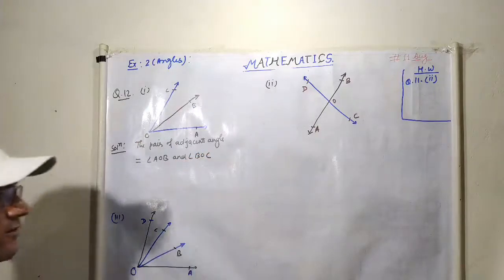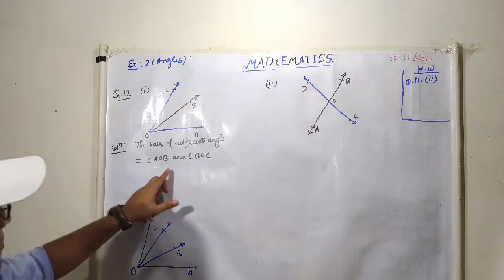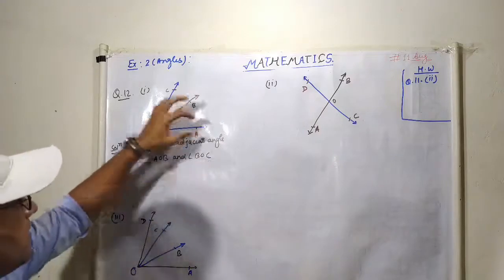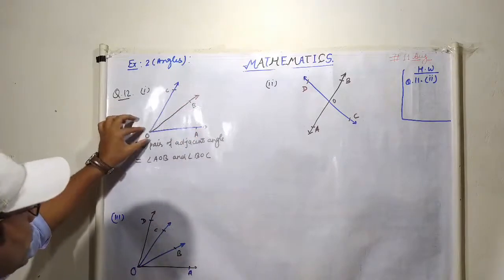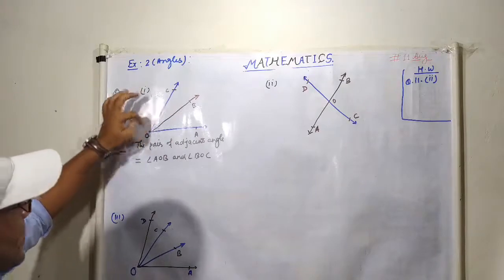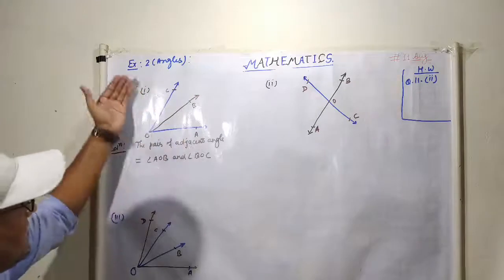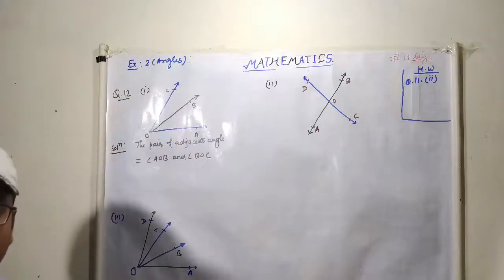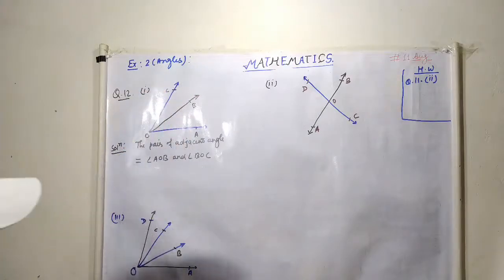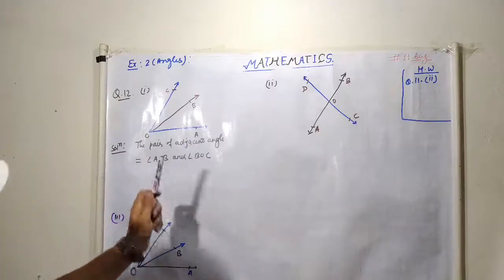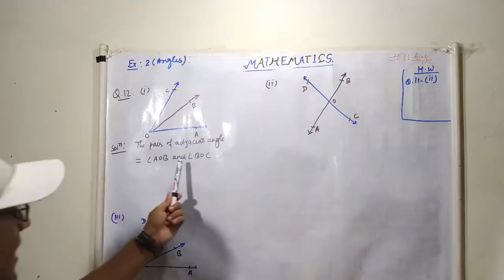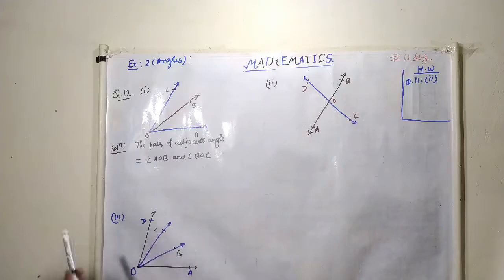That is the one pair for this one, angle AOB and angle BOC. OB is a common arm and O is a common vertex, and OC and OA are on different sides of OB. That is your definition of adjacent angles. This is the solution of the first one. The pair of adjacent angles is angle AOB and angle BOC.